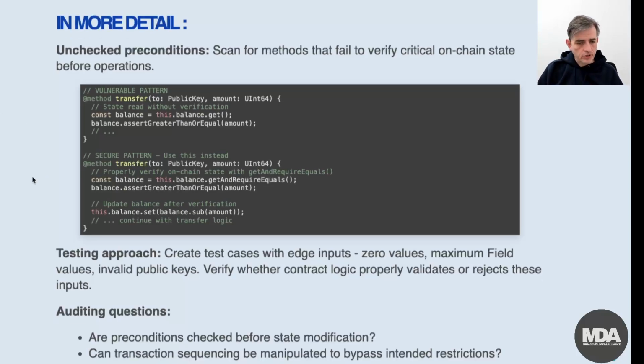Other things that you can do are to try some testing and create test cases with edge inputs, zero values, maximum values, invalid inputs, and see what happens with the logic when these inputs go into the function.